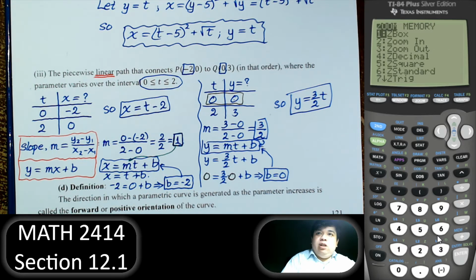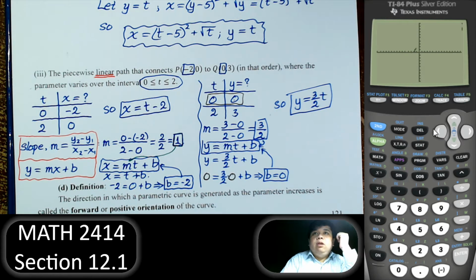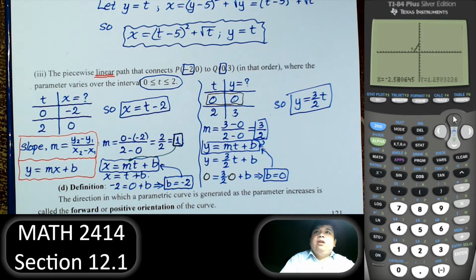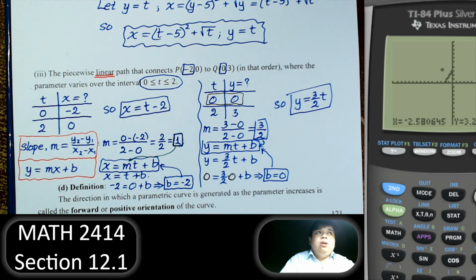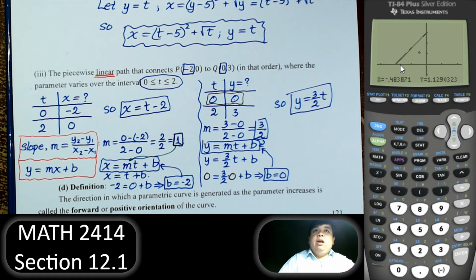Actually, I have to zoom out. Right. And then zoom box. So pretty much just zoom that window, and as you see it goes from negative 2, 0 to 0, 3. So go in that.